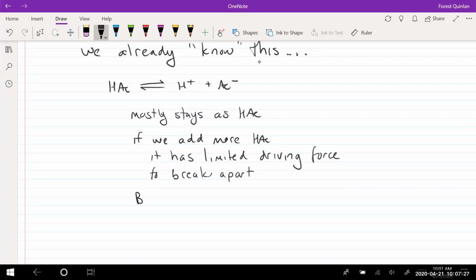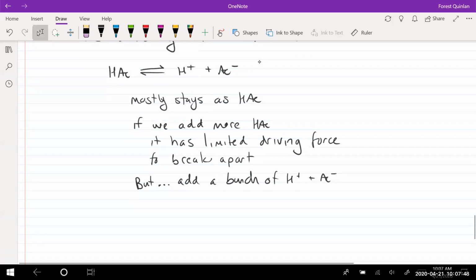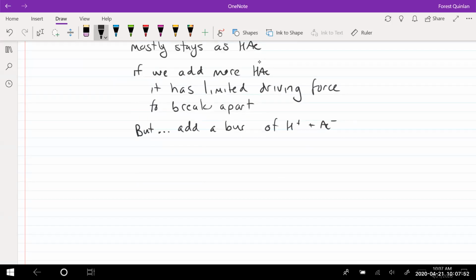But add a bunch of H plus and Ac minus, very big driving force.